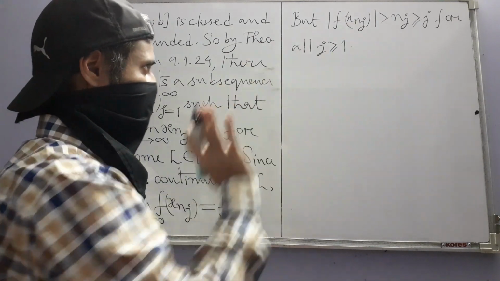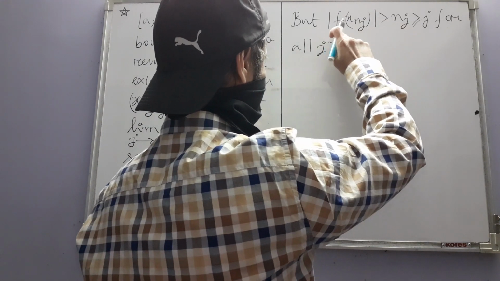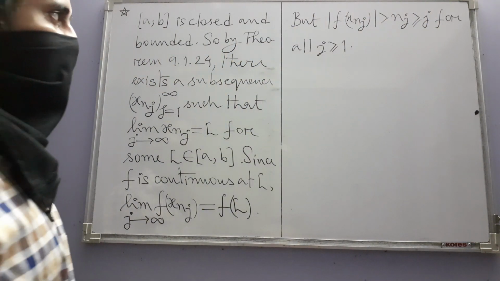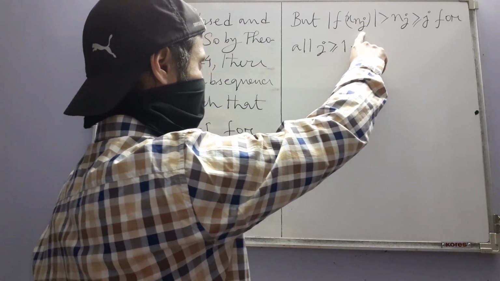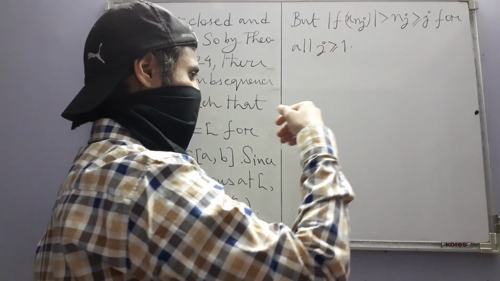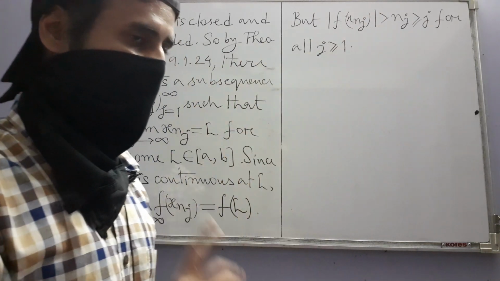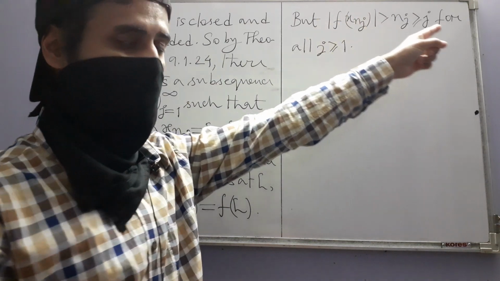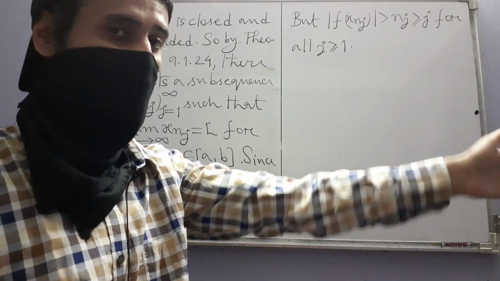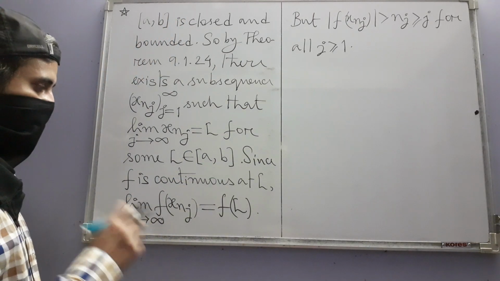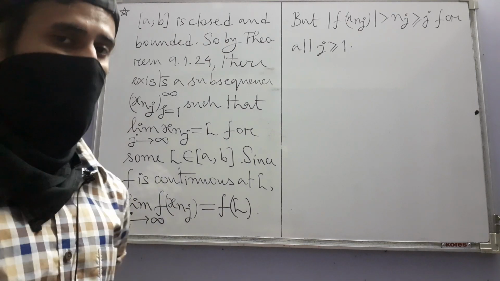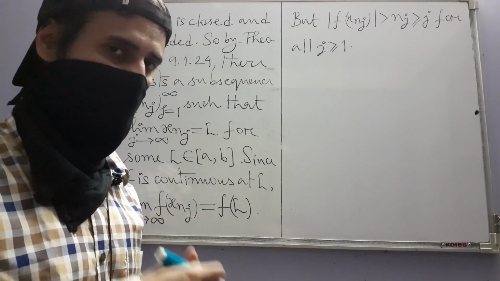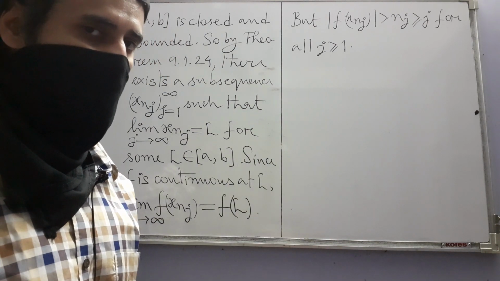But if you assume that this is the case, then this functional value has become greater than or equal to j, which means that if you take, say, in particular j equal to 1, then this functional value is strictly greater than 1. If you have j equal to 100 here, then this functional value is strictly greater than the integer 100. So obviously this sequence is unbounded. How can it be bounded? Its terms are getting bigger and bigger. They are exceeding these integers. So it cannot be bounded.